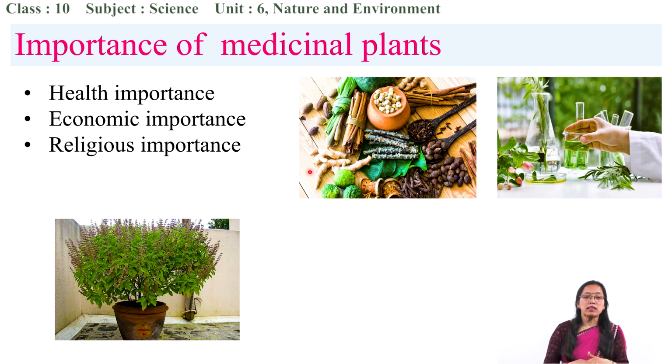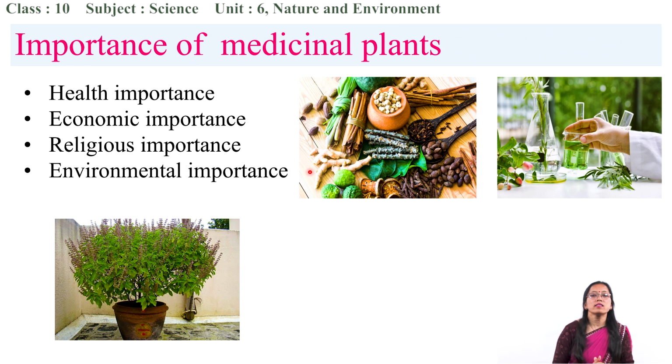Especially Hindus and Buddhists worship the tulsi plant. Similarly, there are so many plants which are worshipped by different groups of people, and those are also used to prepare different kinds of medicines. So there is much importance from the religious perspective also.